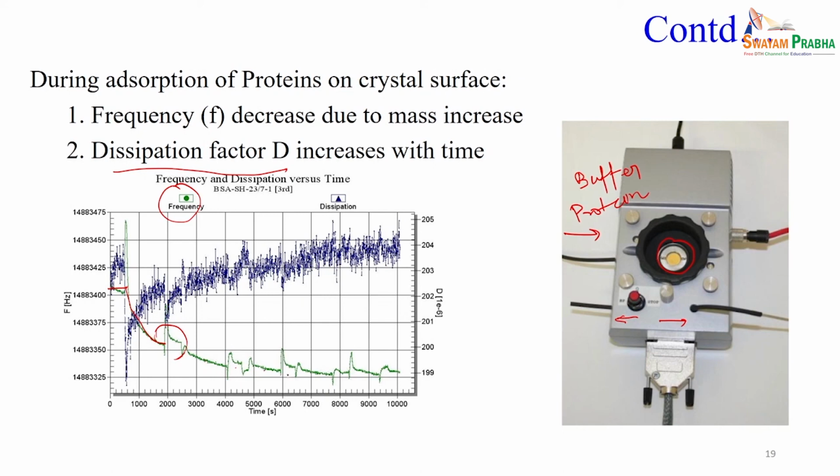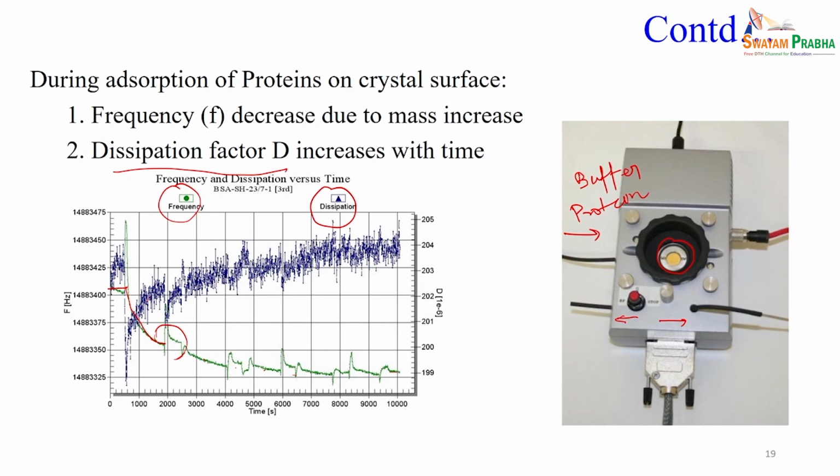So, there is an increase in the adsorbed mass, and finally it has reached the plateau. Whatever you pass, the surface is totally saturated, and corresponding to the decrease in the delta f, or frequency, there is an increase in the D value, dissipation.